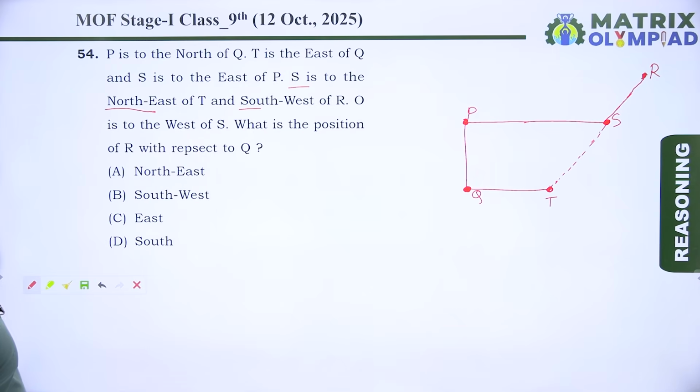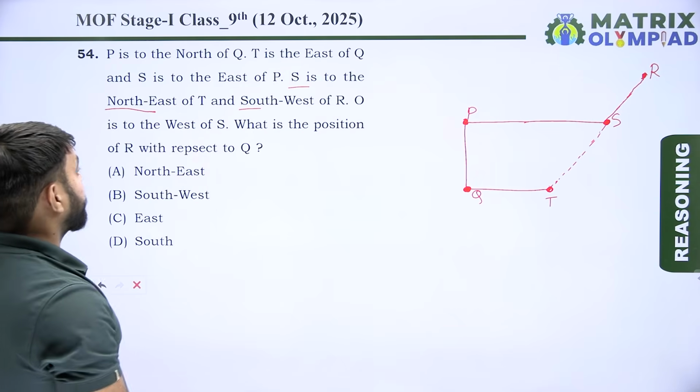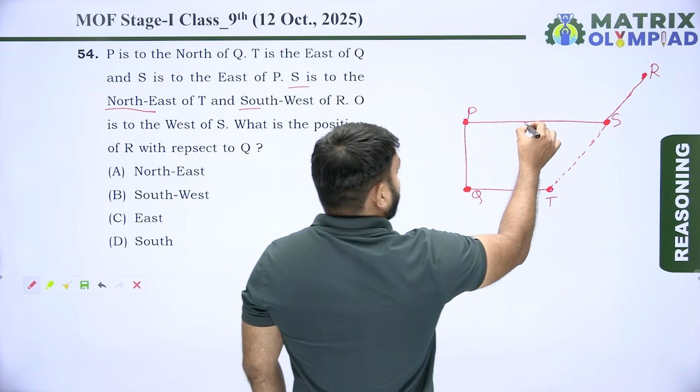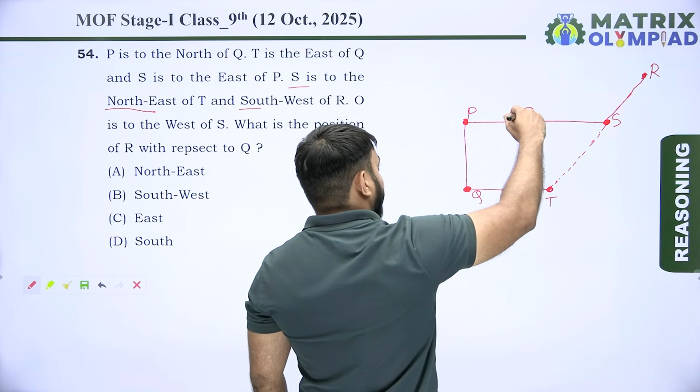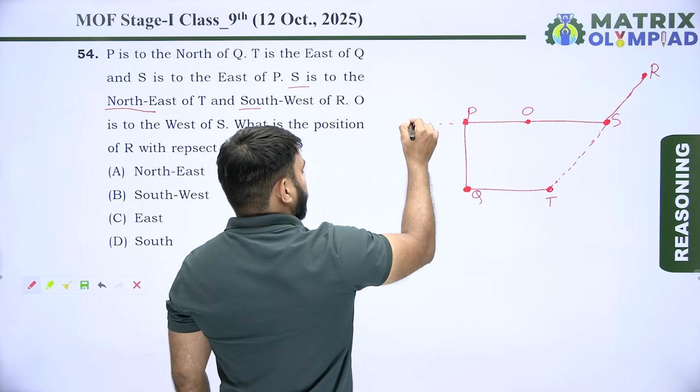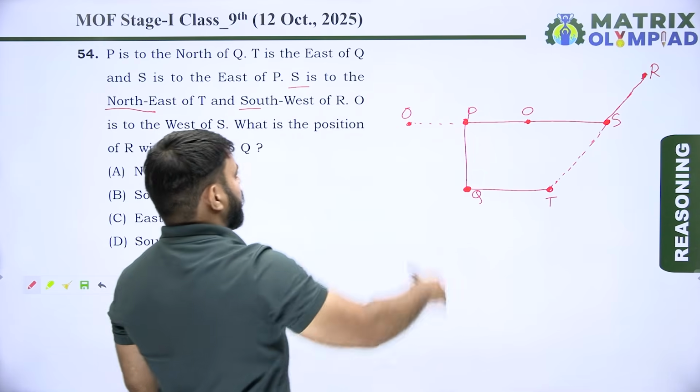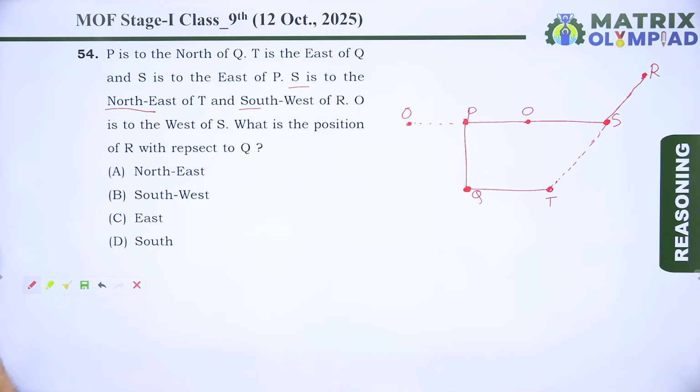O is to the west of S. So the position of O is here, the west of S. Now what is the position of R with respect to Q?